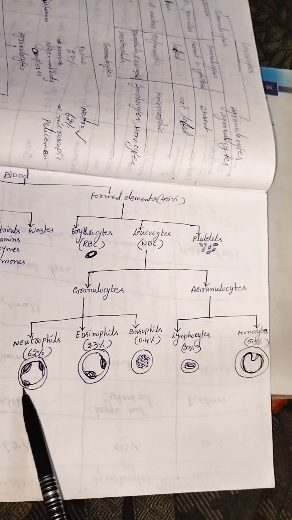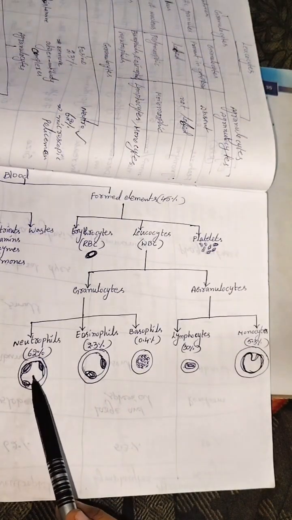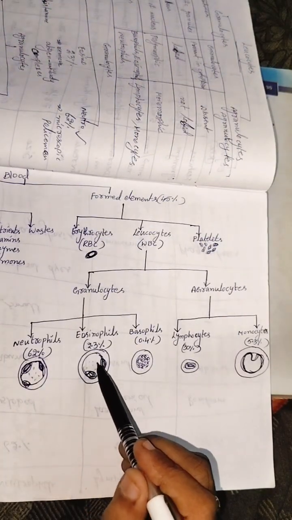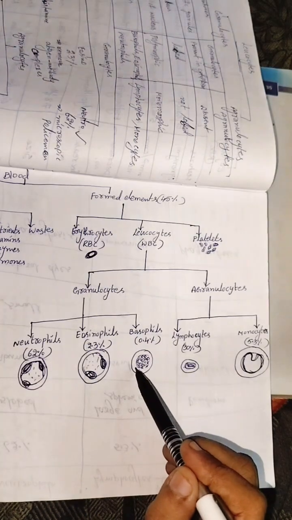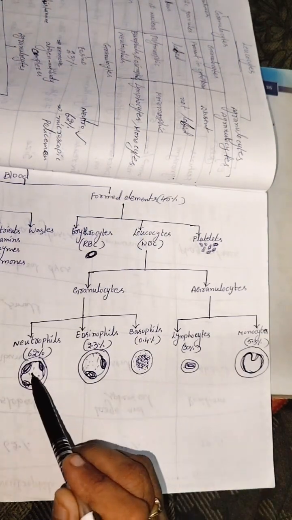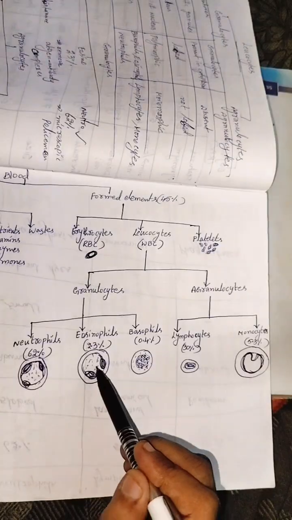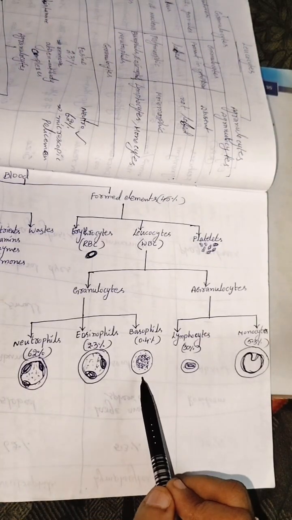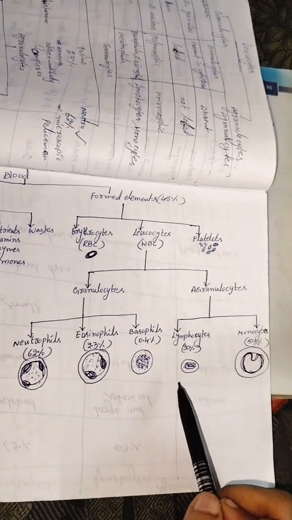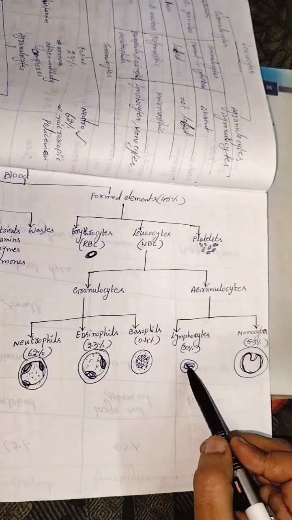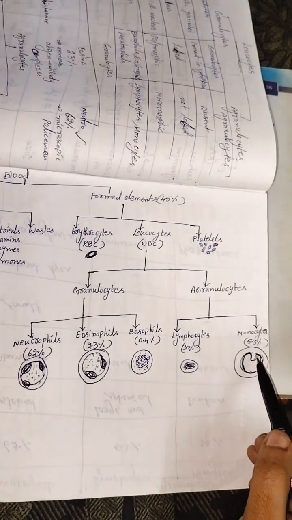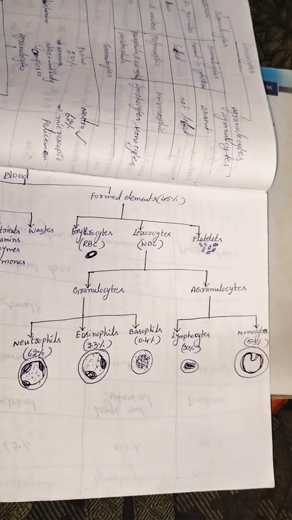The nucleus is lobed and the granules are present. This is very important. Neutrophils 62%, eosinophils 2.3%, basophils 0.4%. Agranulocytes: lymphocytes 30%, monocytes 5.3%.